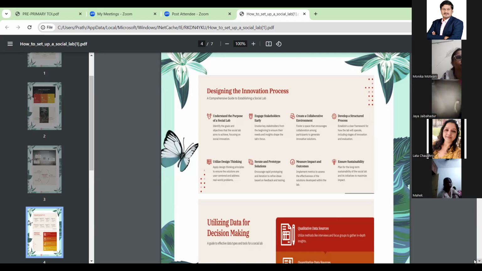Identify the goals and objectives that the social lab aims to achieve, focusing on social innovation. Whenever we are touching one particular issue, we can go on to the next step, that is, engage stakeholders early. Involve key stakeholders from the beginning to ensure their needs and insights shape the lab's focus.